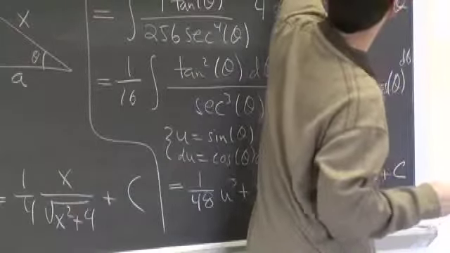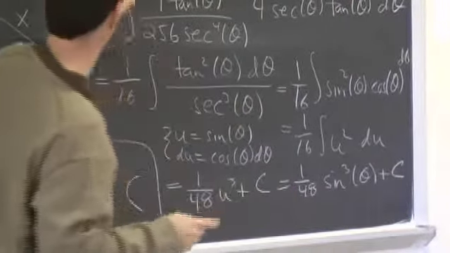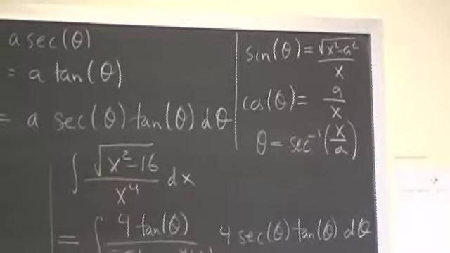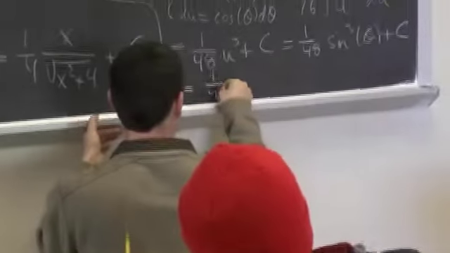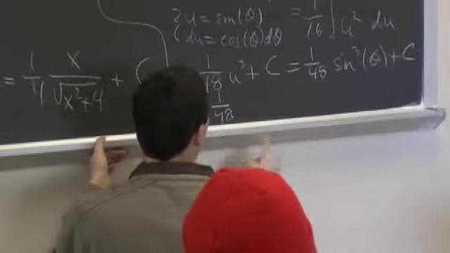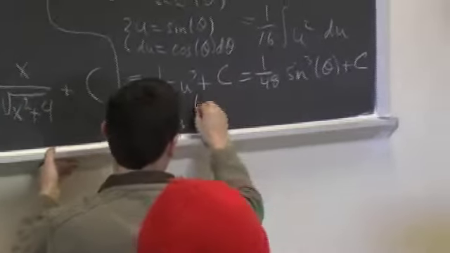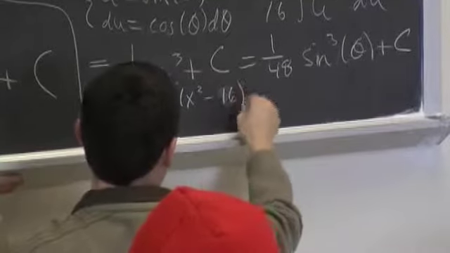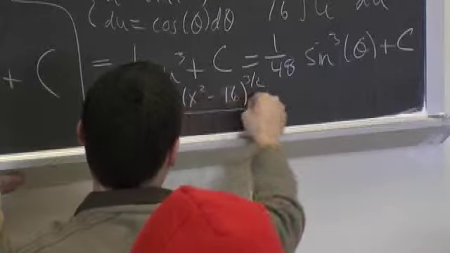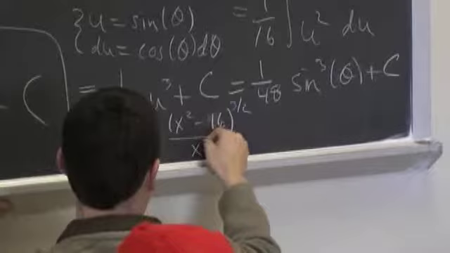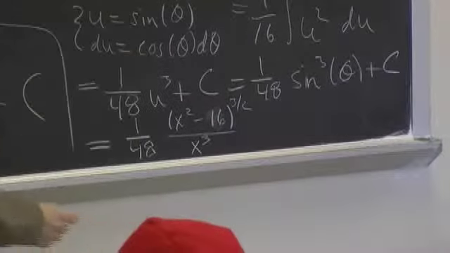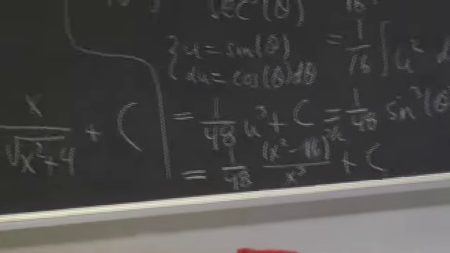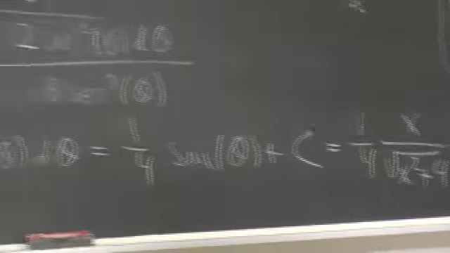It is the square root of x squared minus, well, in this case, a was 4, over x. So we get 1/48, and now we have to cube everything. So let me write this as x squared minus 16 to the 3/2 over x cubed plus C. Whew. We have just enough board space.